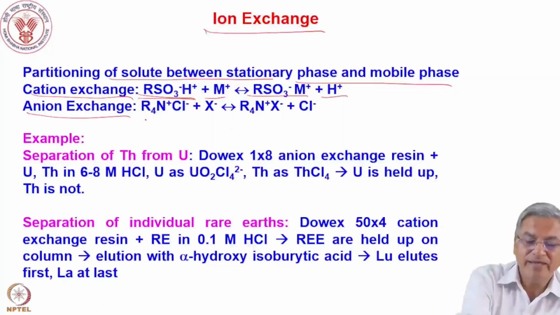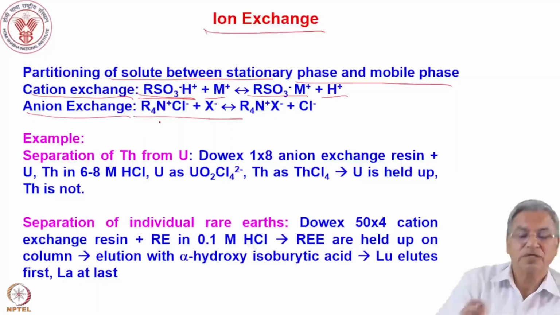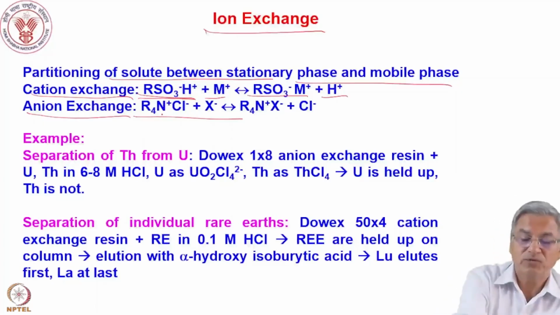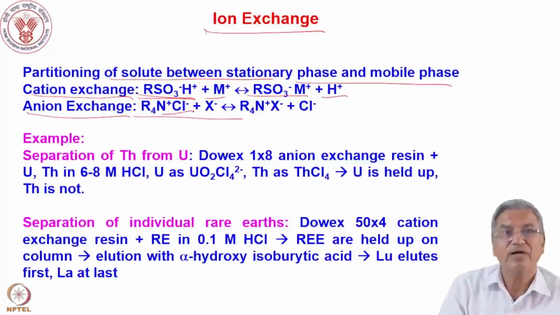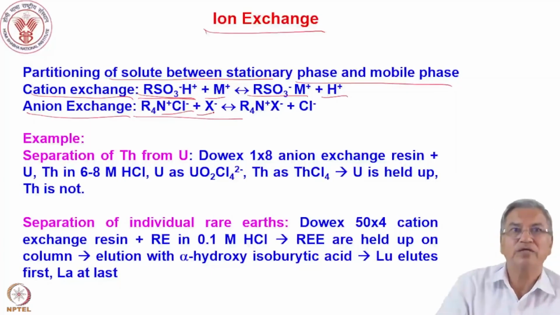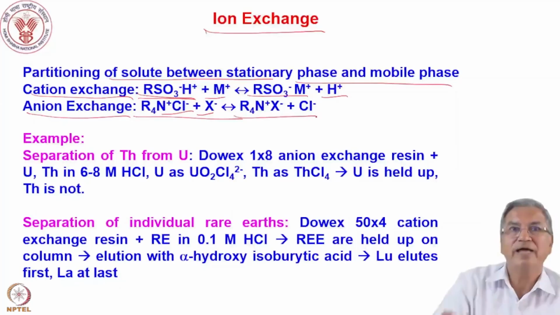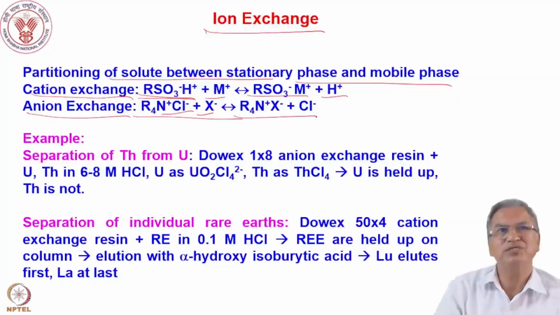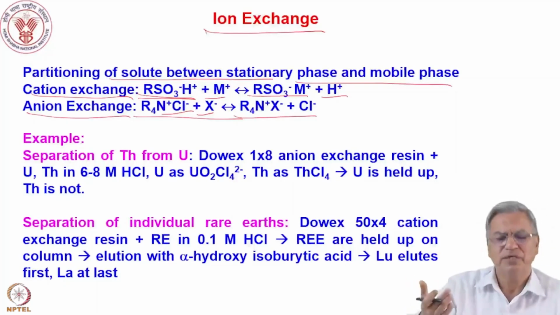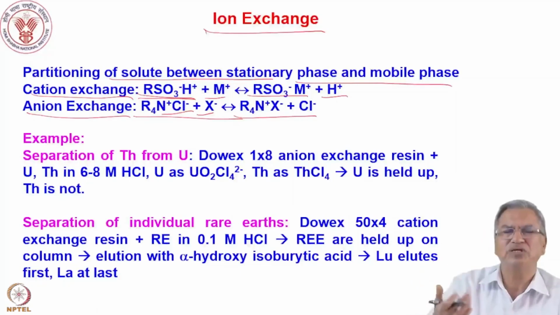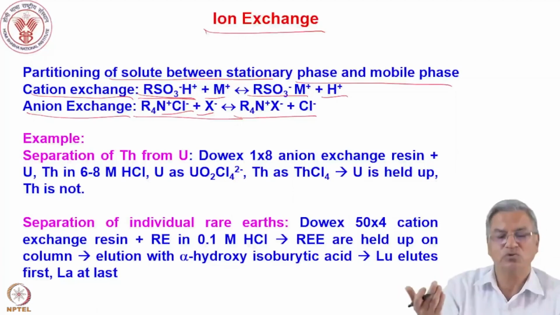In the case of anion exchange resin, quaternary ammonium salts containing chloride as a counter ion are exchanging. So you can have the anions exchanging with chloride, and the anion is retained in the column, chloride being released. So you can have this ion exchange from different acidic media: HCl, HNO3, HClO4, H2SO4, and so on.